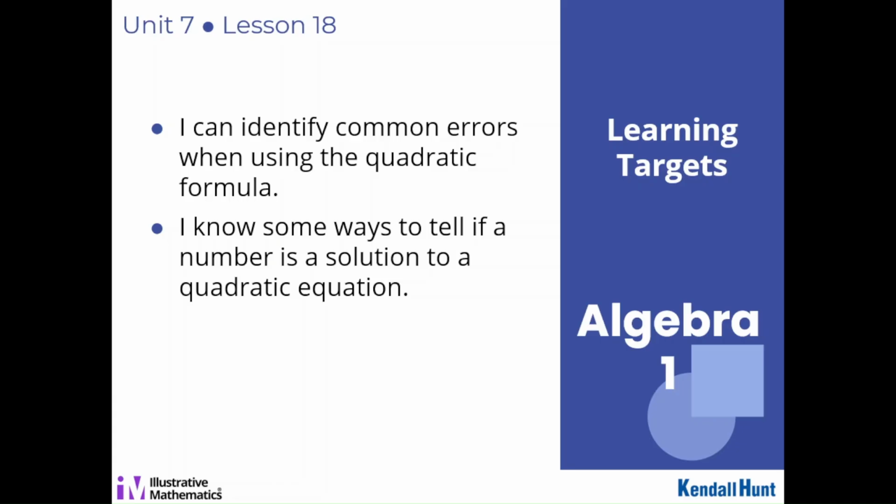Another way is to simply take those answers and substitute them back in for x and see if it makes the equation true. And then you can always work the problem out and make sure that the answers that you got are the same ones that you're supposed to verify are true. So there's a lot of different ways to do it. Make sure you're picking the method that you have the ability to do, that you are comfortable doing, and that makes sense to you and you have confidence in doing.